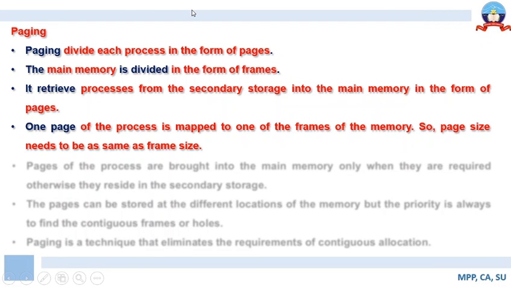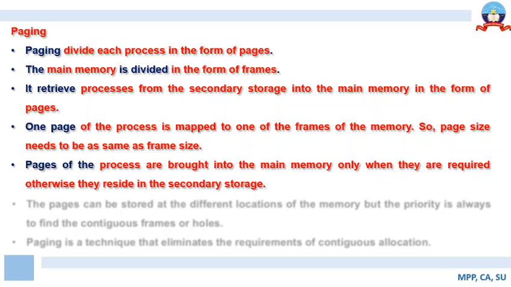One page of a process is mapped onto one frame of the memory, which implies page size should be same as that of the frame size. Pages of processes are brought into the main memory only when they are required, otherwise they reside in the secondary storage.